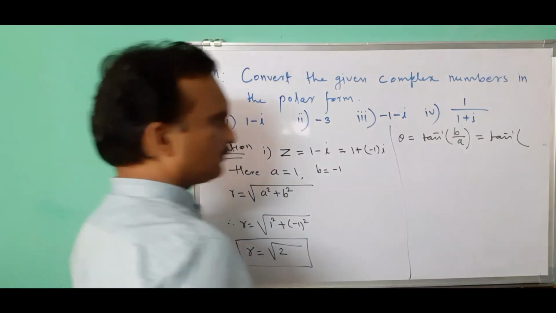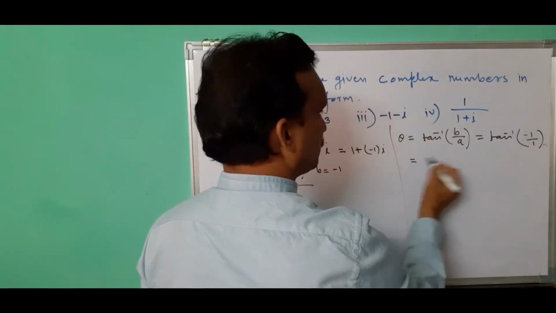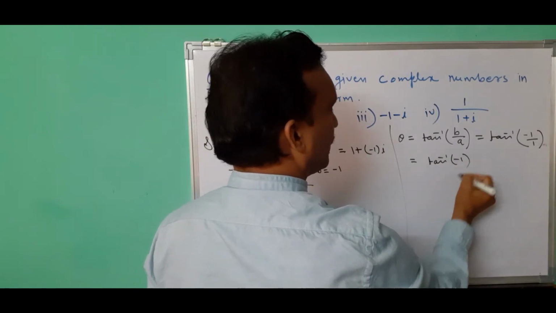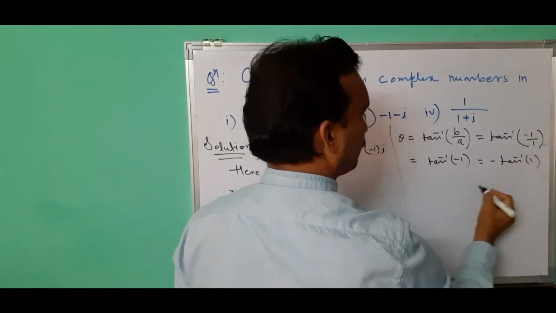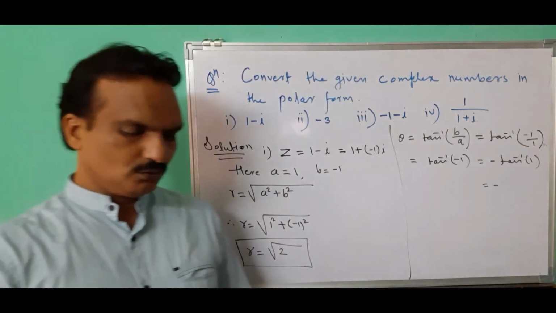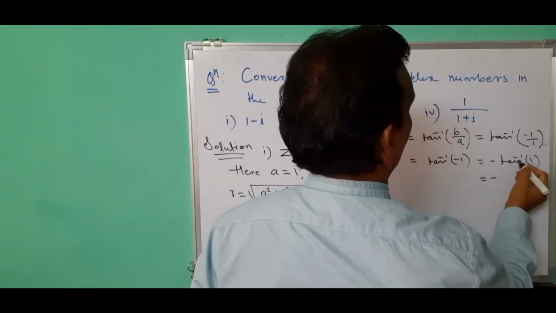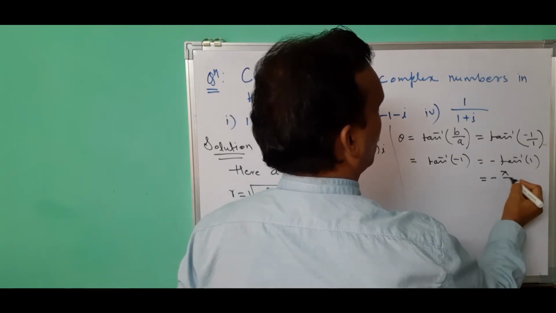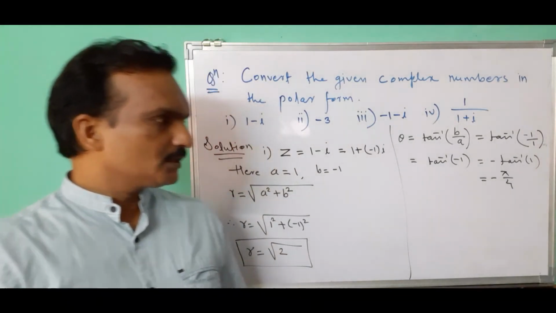Minus 1 upon 1, which is equal to tan inverse of minus 1. That means minus of tan inverse of 1. Which angle gives you the value 1? Tan of 45 degrees is 1. So tan inverse of 1 is pi upon 4, since the value of tan pi upon 4 is 1. Okay, so theta is minus pi upon 4.